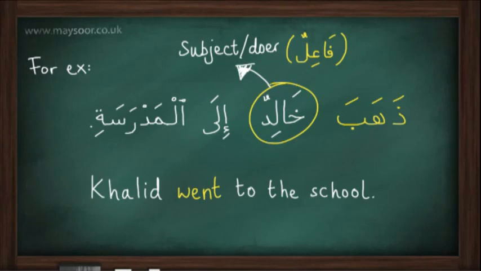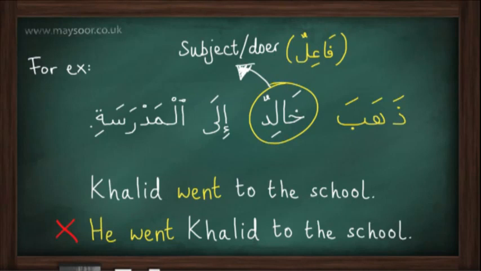So in the English translation, we drop the pronoun he. It's important to note that the fa'il, the subject or the doer of the action, will always be marfu', ending in a dhamma. It would be incorrect to translate the following sentence as he went Khalid to the school.